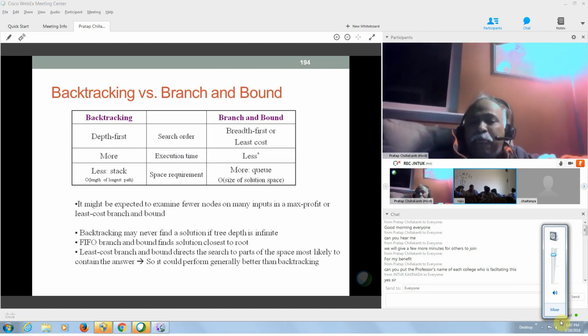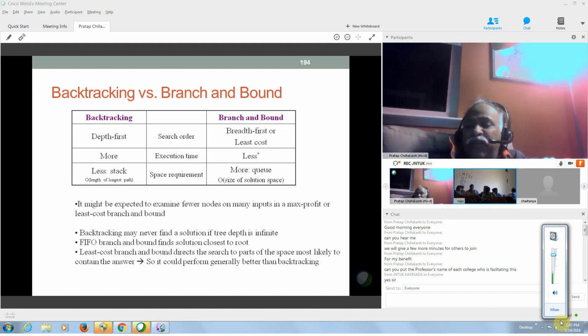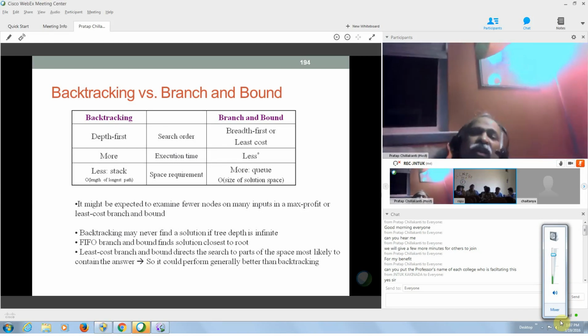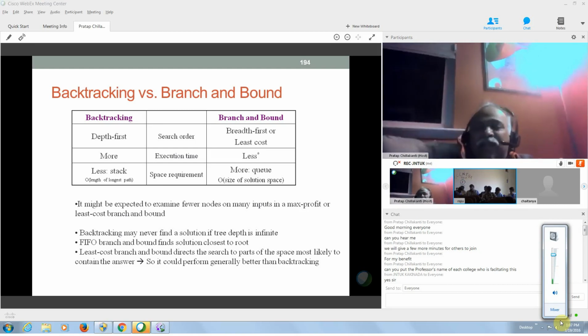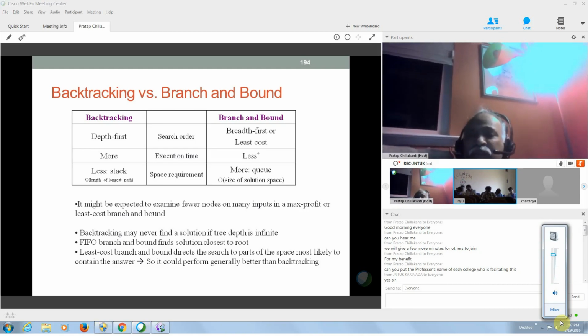Okay. Now you can see here, backtracking may never find a solution if the tree depth is infinite. So in reality, all these different types of techniques that exist, we use it in different combinations. Okay, for the same problem we can use a multitude of these.